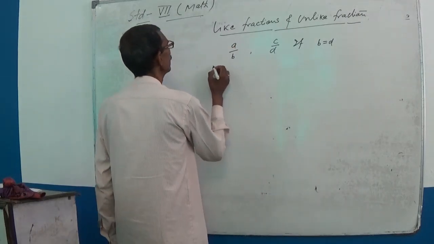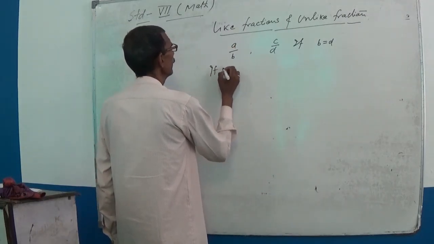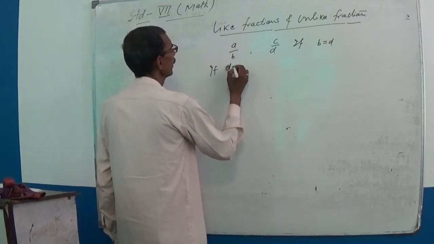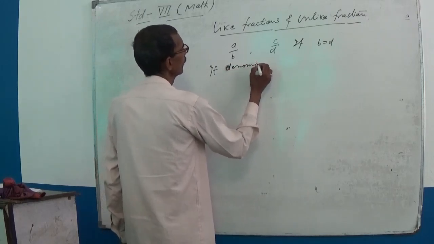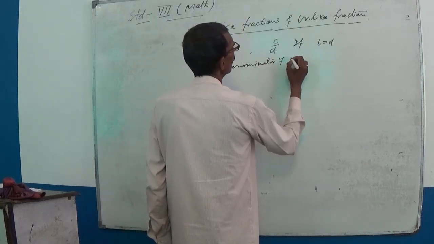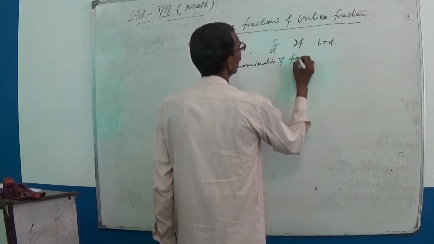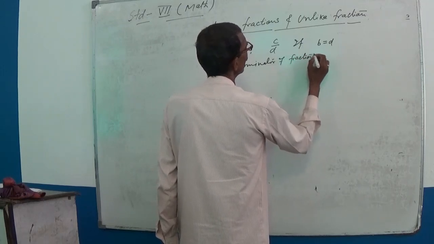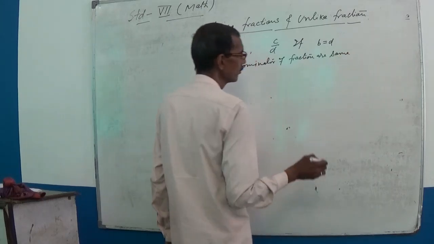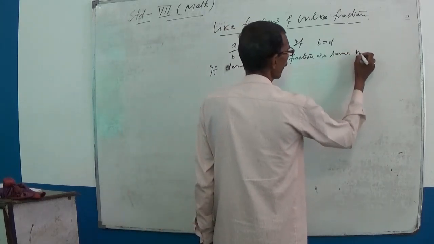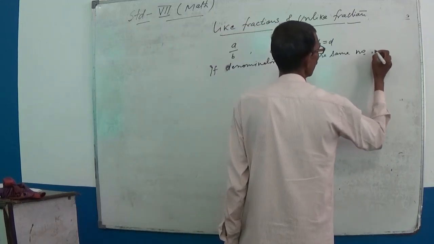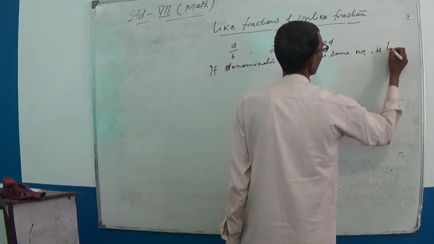That is, if the denominators of the fractions are the same number, it is a like fraction.